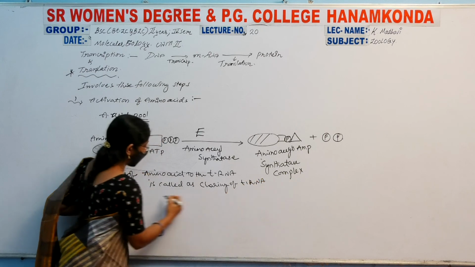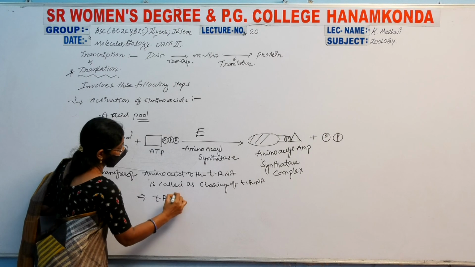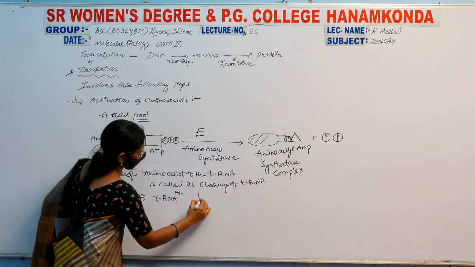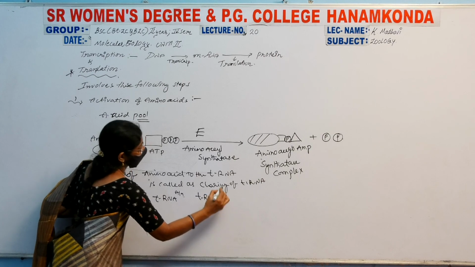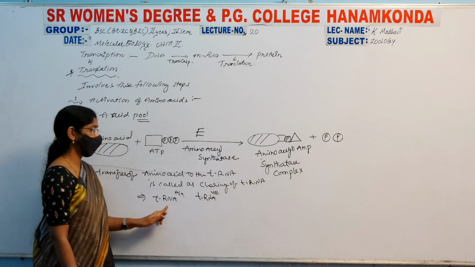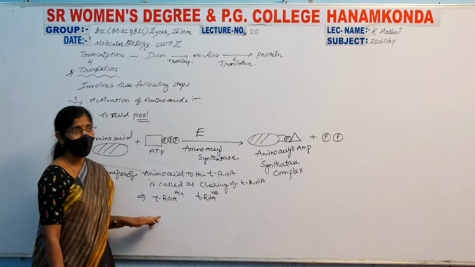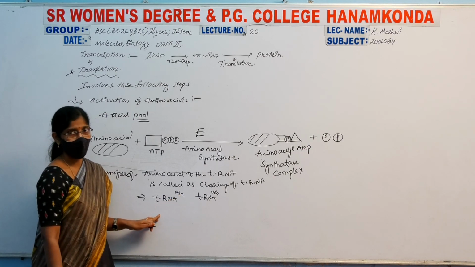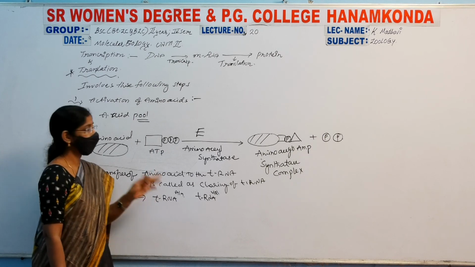If you write tRNA alanine and, for example, tRNA valine, these are specific. The specific amino acid is there, and the specific tRNA is present. That's why the tRNA now gets charged.